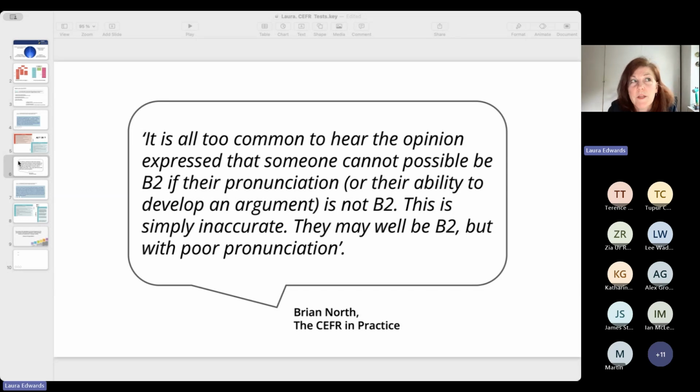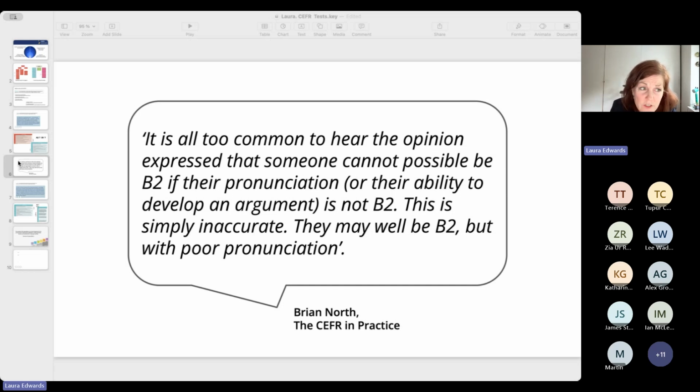But their knowledge of the student as being B2 is often based on their reading comprehension and their ability to respond quickly in class to questions. However, in this case, we're looking at something very specific, and we're looking not at how well they understand a text. We're looking at how well they perform orally in these different challenging situations.